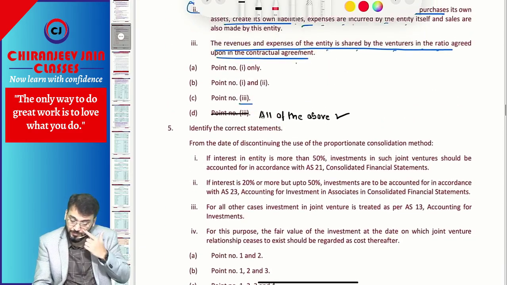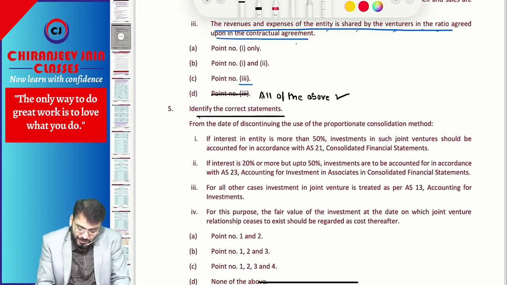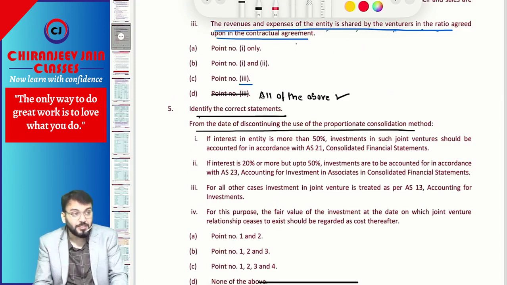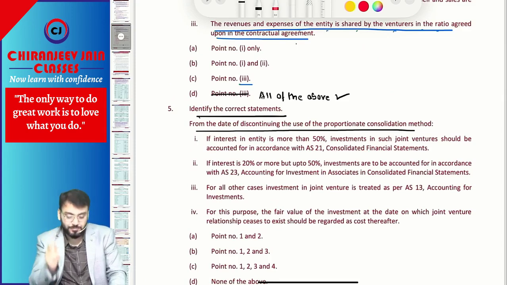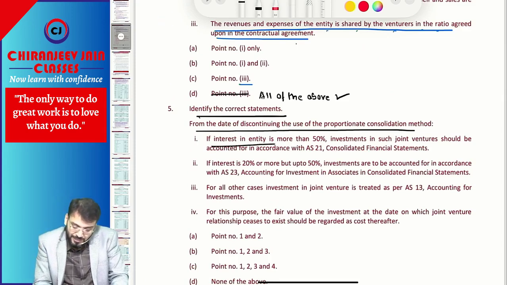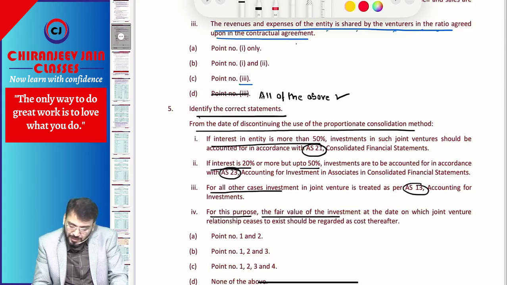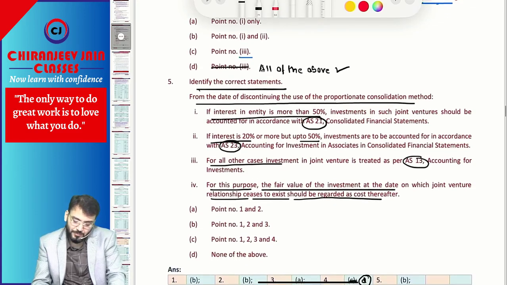Okay sir. Now identify the correct statement. From the date of discontinuing the use of PCM method. If the interest in the entity is more than 50%, then AS 21. If the interest is 20% but less than 50%, AS 23. For all the cases of investment, AS 13. For the purpose, the fair value of investment at the date on which joint venture relation ceases to exist should be regarded as cost thereafter.